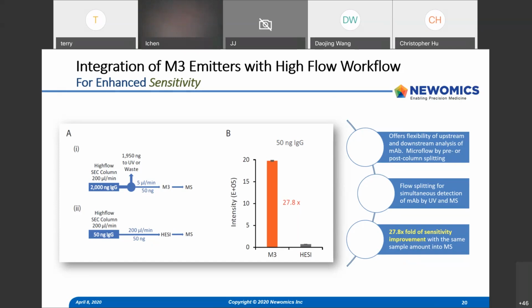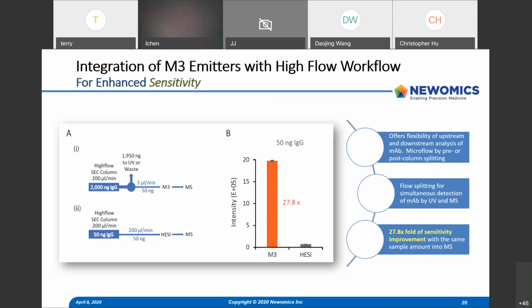The beauty of doing this is you actually don't need to inject a lot of material into your mass spec, because if you run native MS, your IgG tends to clog your ion cone, so that you have to do maintenance probably every couple months. On the other hand, if you do splitting, material can be diverted into a UV spectrometer or for other types of studies. So in that case, you can kill two birds with one stone in one experiment.